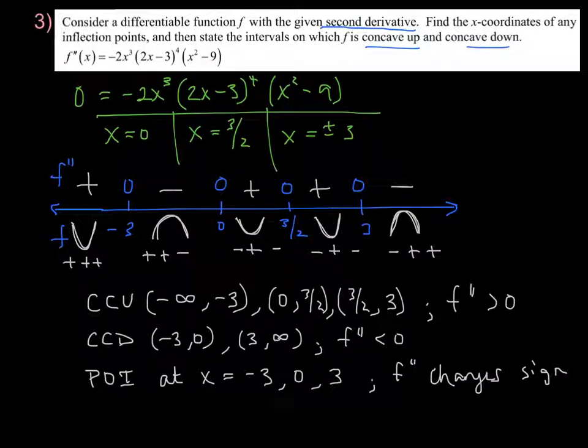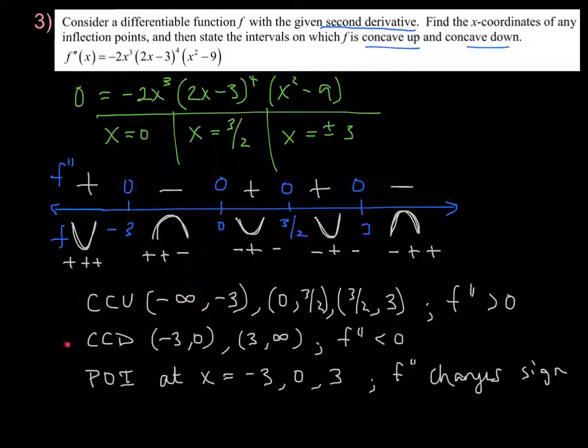My middle term is to the 4th power, and any number to the 4th power is going to be positive. So all of my middle values are positive. Then it's just really testing it into this last one. And so you can see the signs that I got and the concavity for the graph of f.